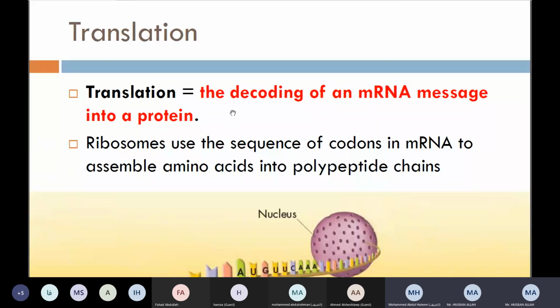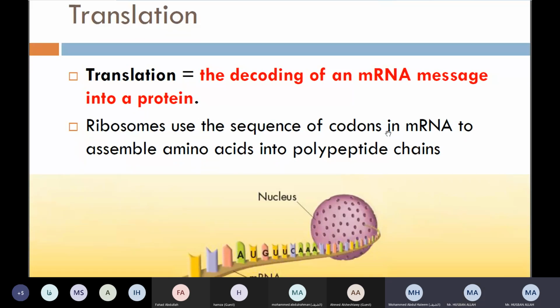The genetic codes are present on the messenger RNA, and they are going to be decoded. When they decode, the required amino acid will come and attach on it, and thus it will form a chain.